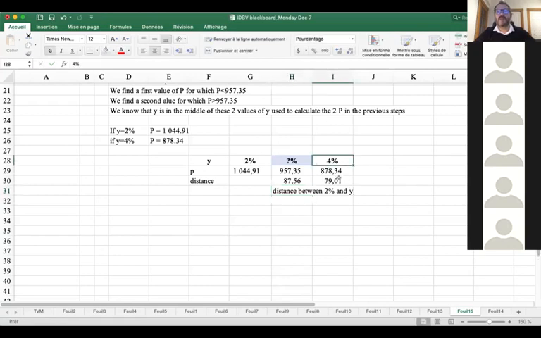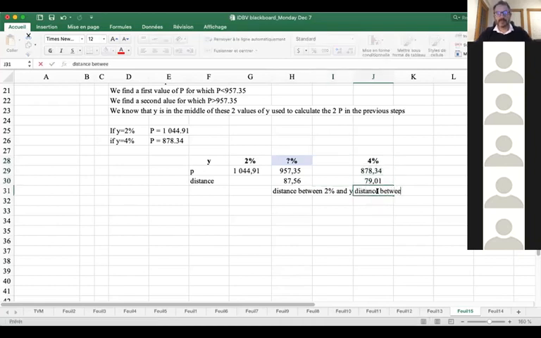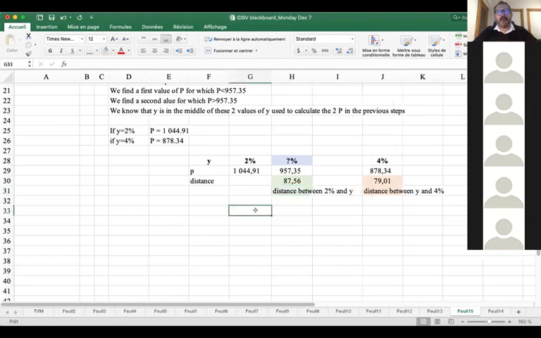And this one, that's the distance between y and 4%. This one, that's the distance between the two. Maybe I try to explain, but maybe it can sound complicated, I don't know.